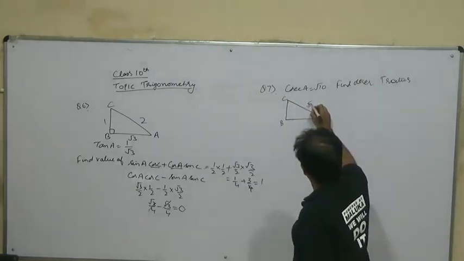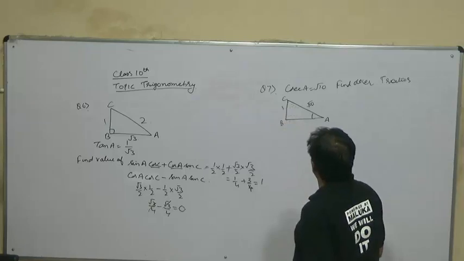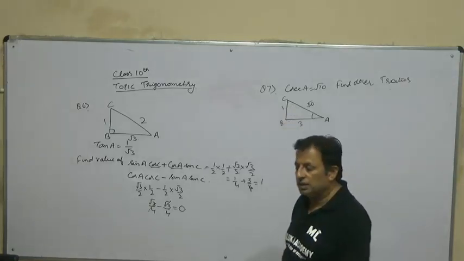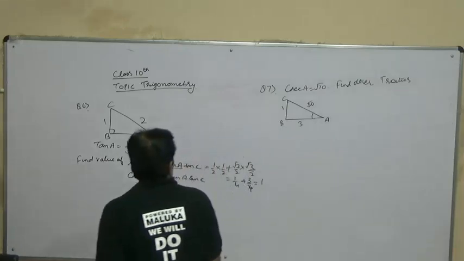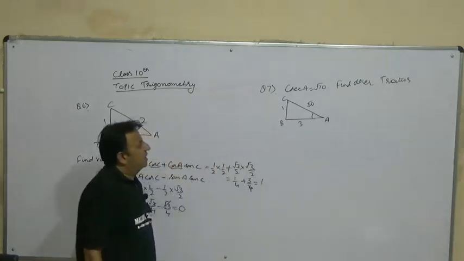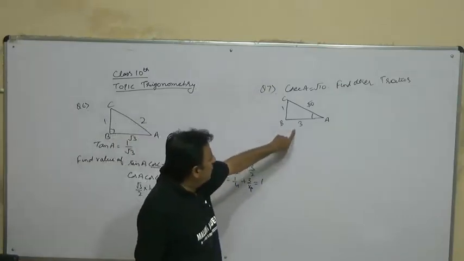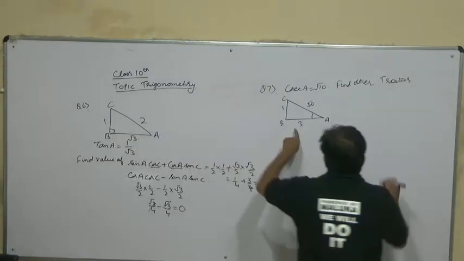So this is √10 and perpendicular is 1, and the third side we can find here is 3, just by subtracting AC square minus BC square, √10 square minus 1 is 9, and root of 9 is 3. Now we write the other trigonometric ratios.